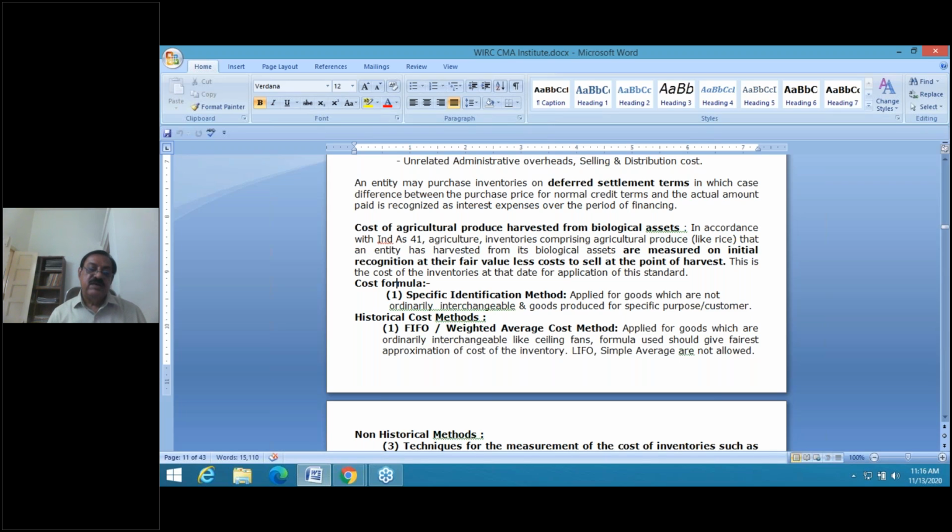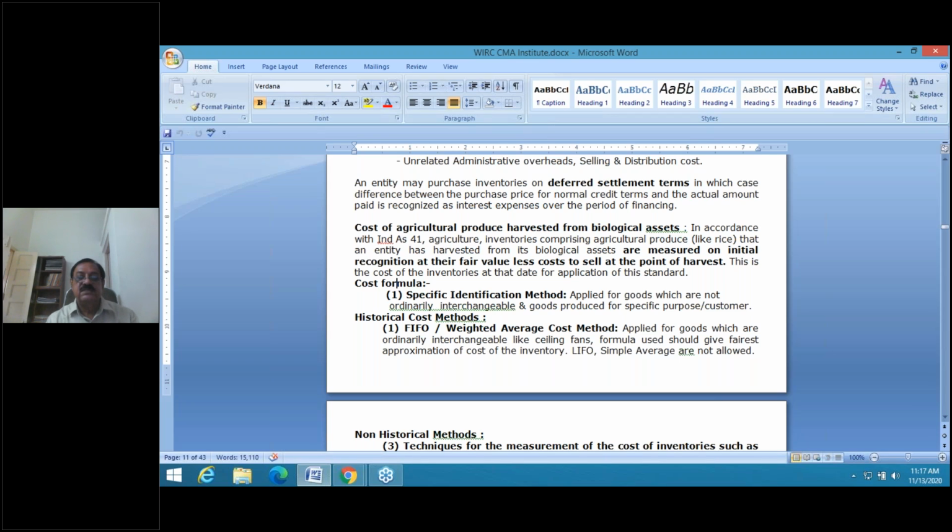Then you will take specific identification. You will have a job card. As per the job card, material, labor, overheads that are incurred are added, and that way the cost is decided.